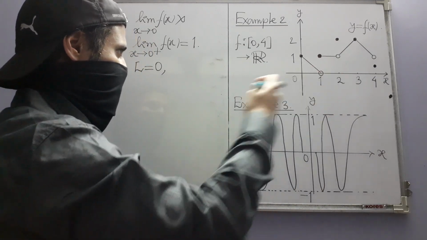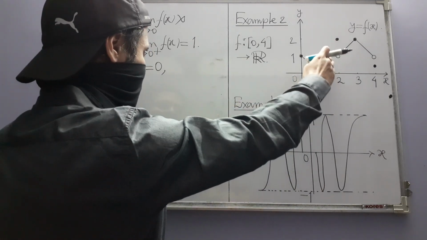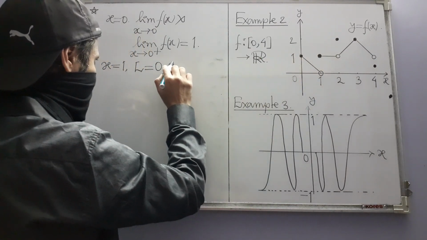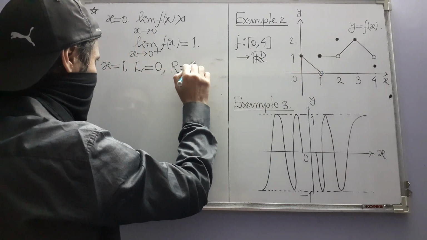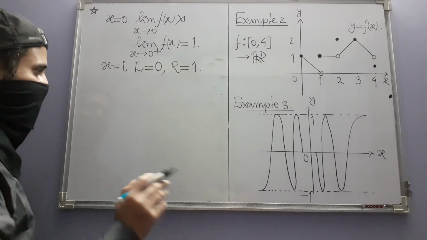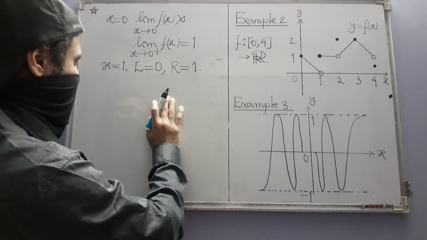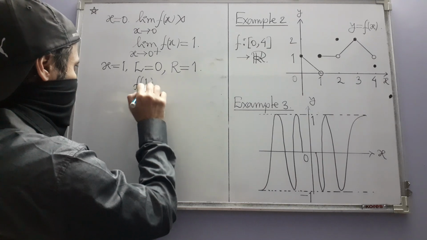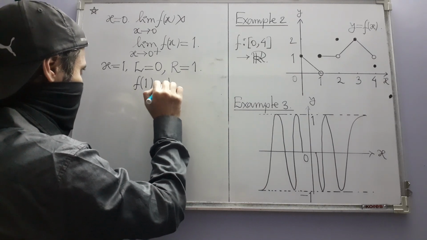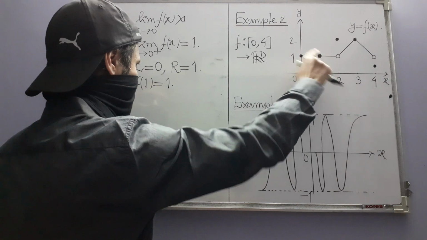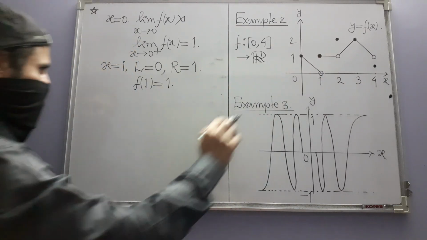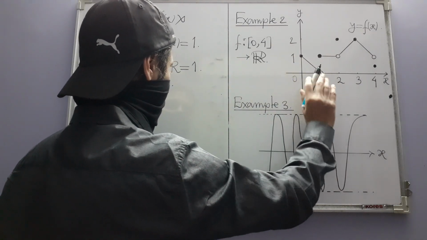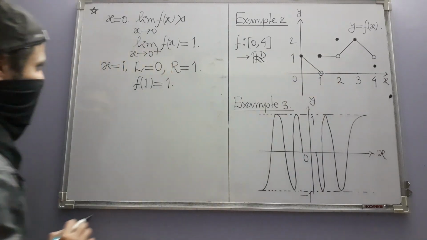As x approaches 1 from the right side, the functional values are constantly 1. But there is one more thing also. The functional value at 1 is also equal to 1. You see this black circle, at this point this is not the value, this is the value.